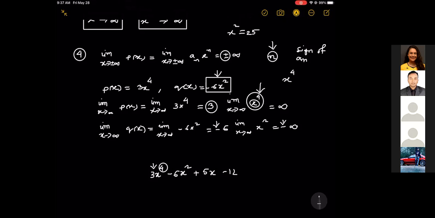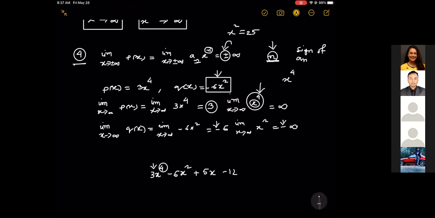Anyone? Repeat the question? Yeah, sure. The fourth statement says the sign of infinity depends on the degree of the polynomial, which is n, this n, or this n, it's the same, literally.